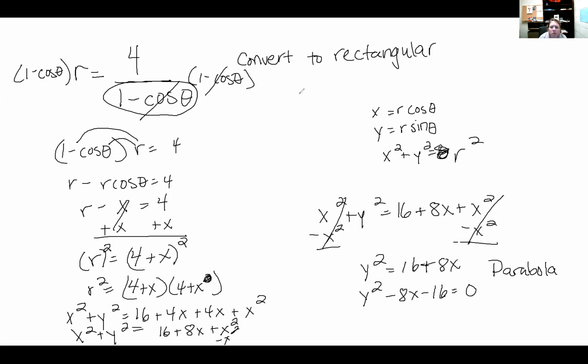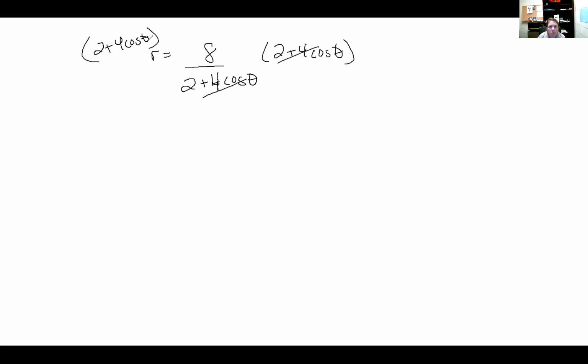All right, so let's do another one. Let's say we have r equals 8 over 2 plus 4 cosine of theta. Okay, again, you want to put it in rectangular form. So I'm going to move both of these over. That will cancel. We need to distribute.